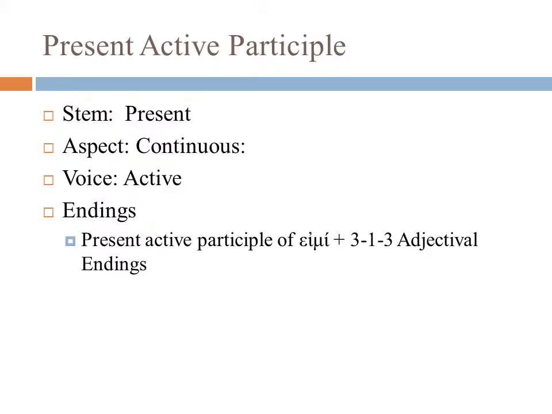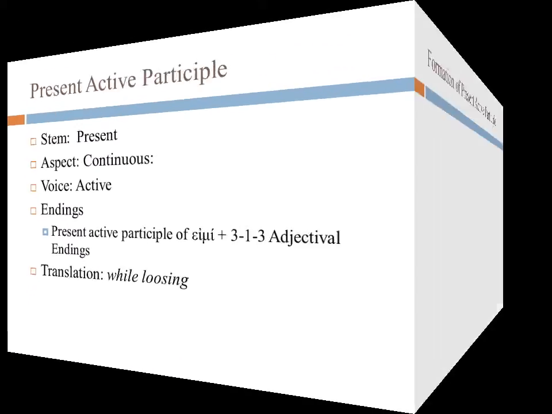The verb that we're going to add it to is λύω. And these two things together will make up the ending that you're going to put onto the stem. And the translation, which we'll get to much later, is "while loosing" for the present active participle of λύω.